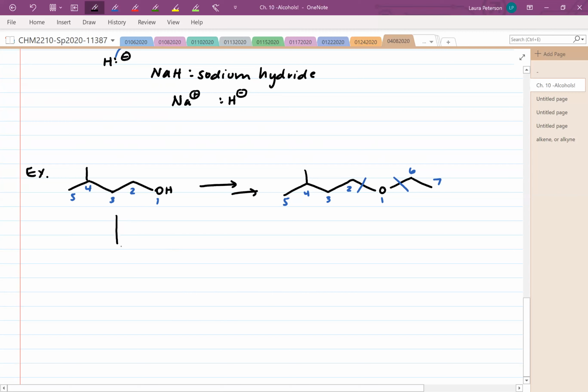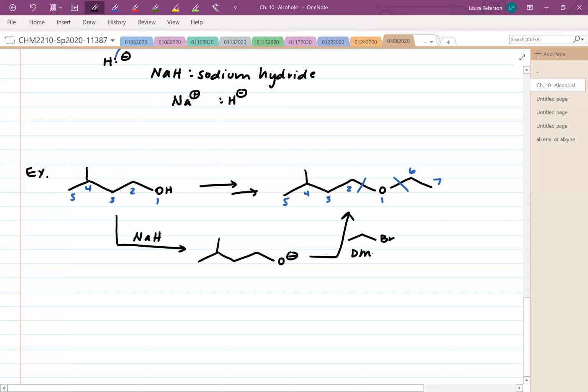I'm going to show this in 2 steps, but you could really do this in a single step when you're practicing synthesis. At this point you could use sodium hydride or sodium, lithium, or potassium. Those are equivalent here. So we've generated our alkoxide anion, and now we're going to react with ethyl bromide to do our SN2.